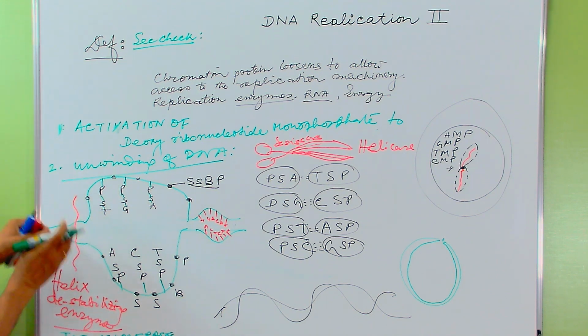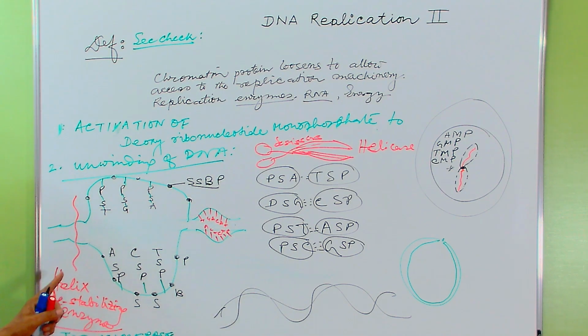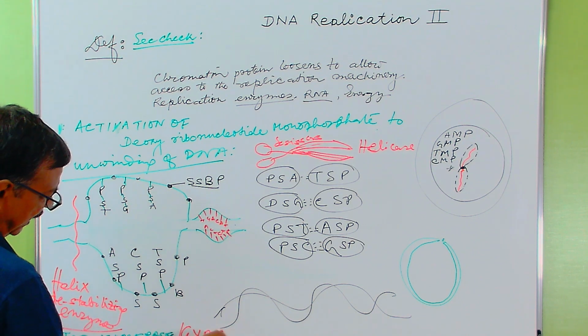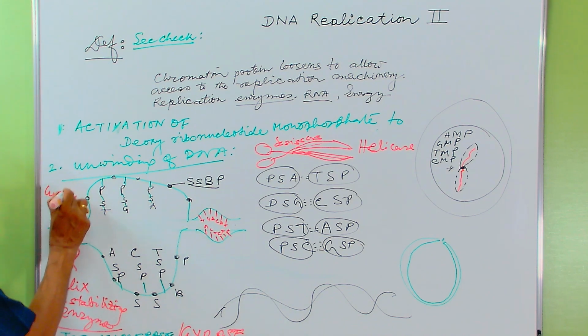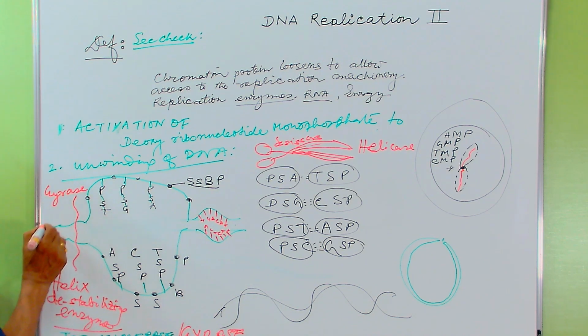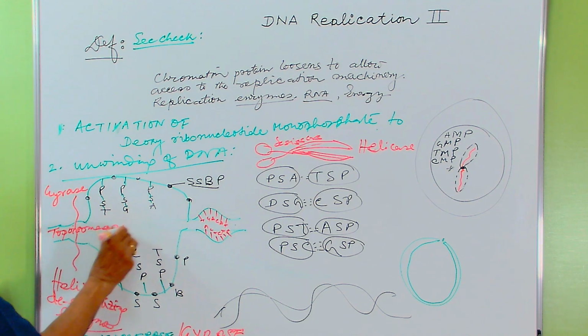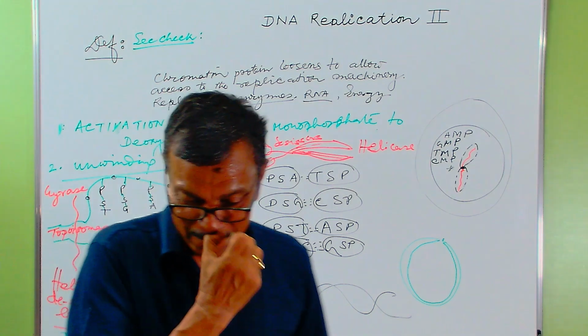We are not allowing this to recoil again. So we are putting some enzymes, known as topoisomerase in humans or eukaryotes. Some people say gyrase, G-Y-R-A-S-E, gyrase or topoisomerase. You can write here topoisomerase. So unwinding is almost successful.